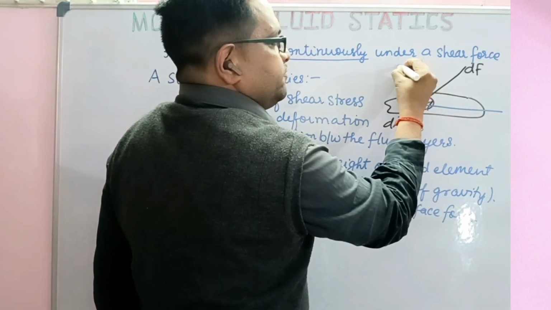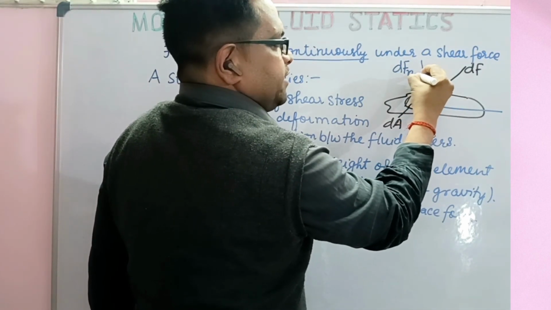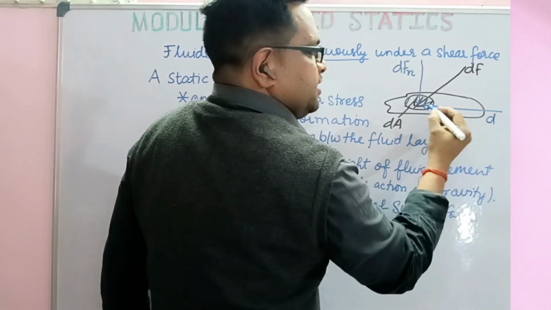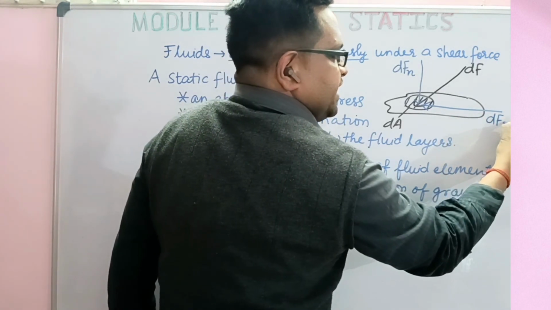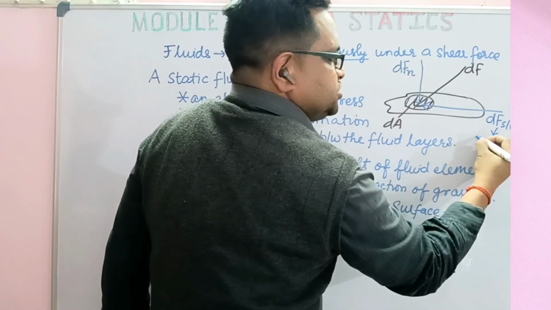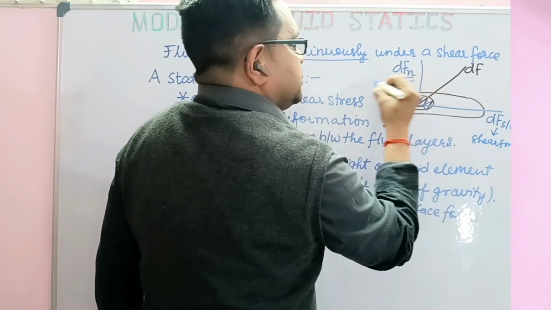The component perpendicular to the surface was denoted by dFn, and the component acting parallel to the surface was dFs or dFt. This is the shear force, and this is the normal force.